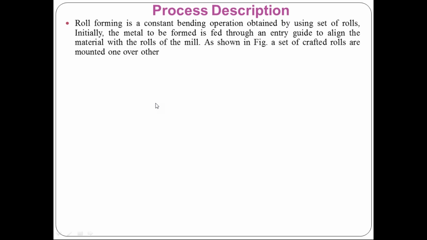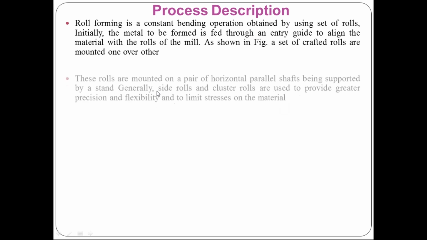Initially, the metal to be formed is fed through an entry guide to align the material with the rolls of the mill. As shown in the figure, a set of crafted rolls are mounted one over another. I am going to show you the diagram also.